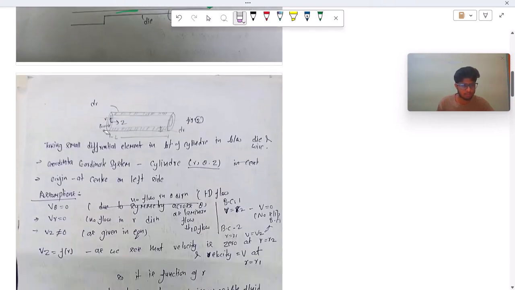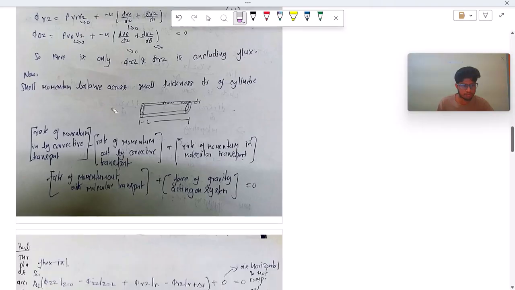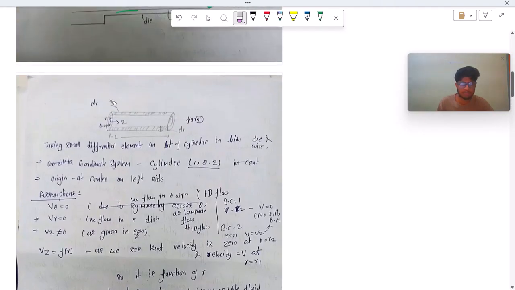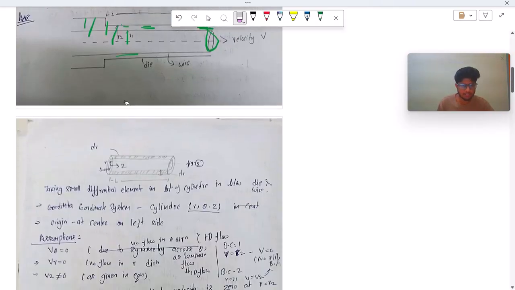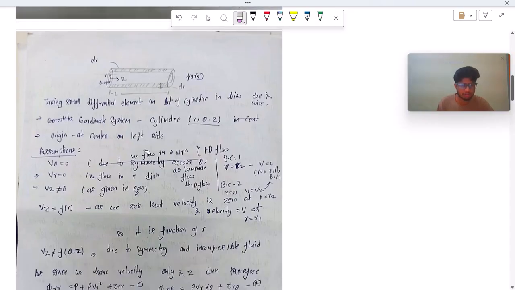So starting from here, we are taking a differential element that has a length of L and a thickness of dr. As we can see here, our cylinder, our wire, has a length L and a radius of r. But as velocity varies in the r direction, we take a differential element of dr in the r direction.